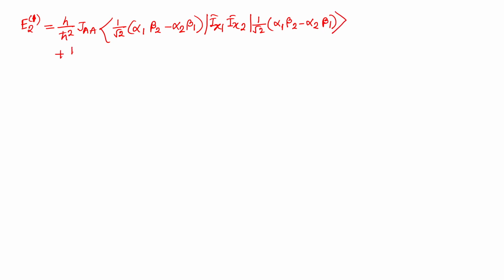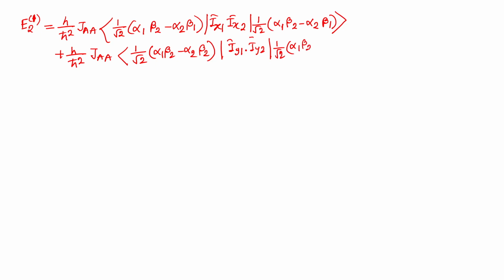Then the next will be h by h cut square J_A, it is I_y1 I_y2, and the third term.